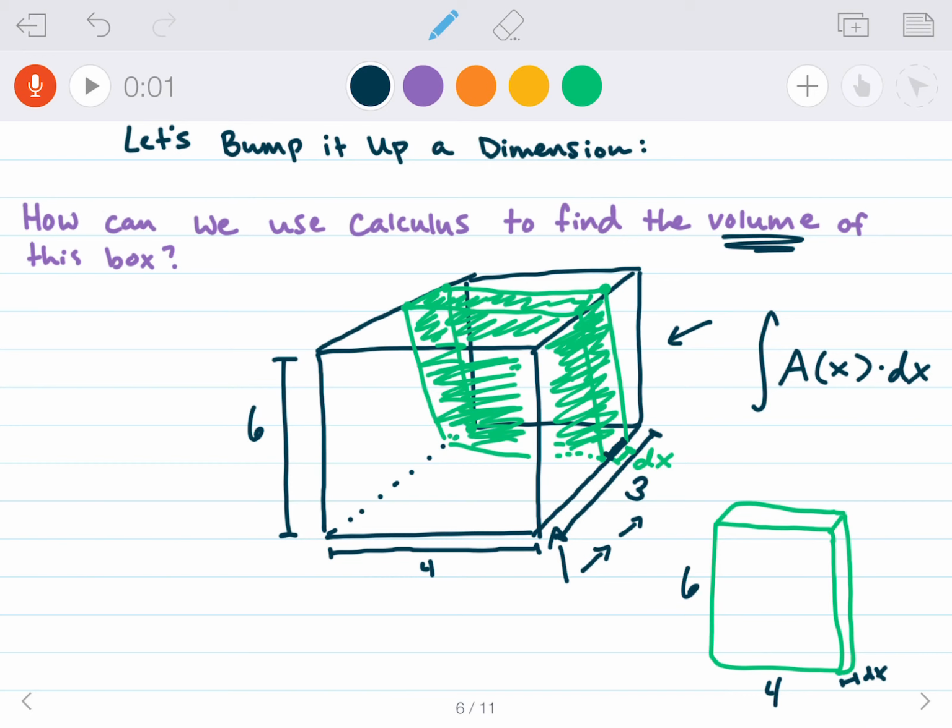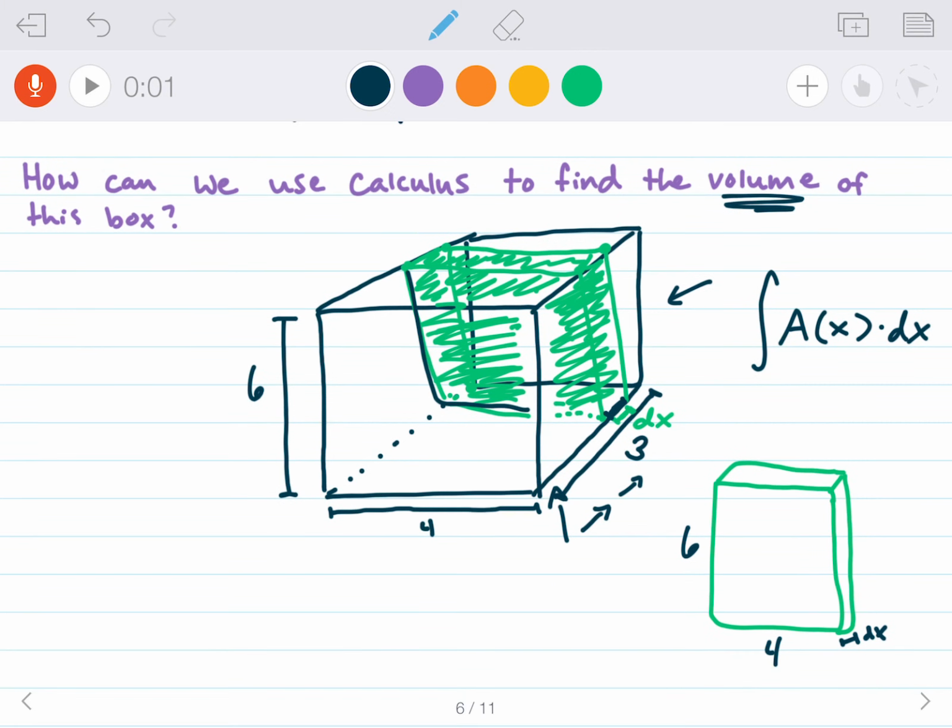So the question is, are the length and the width changing as we move along that axis? And the answer is no, they're not changing, right? The slab that is back here is going to have the same length and width as the slab in the very front. There's no change here.